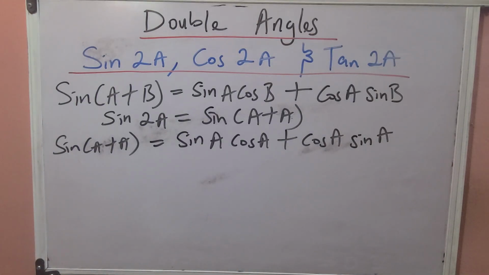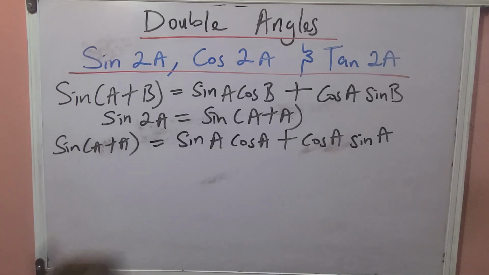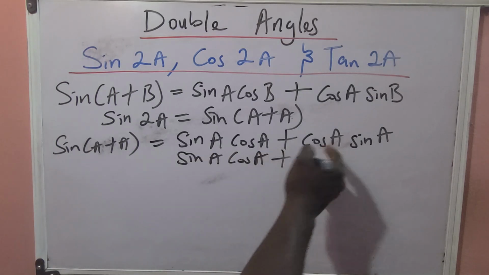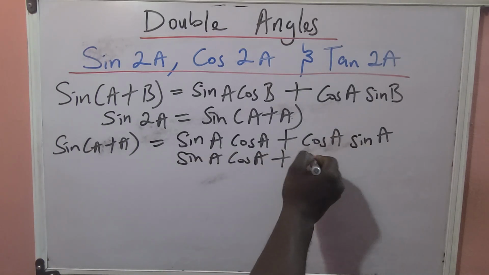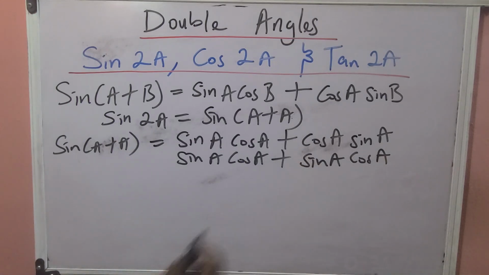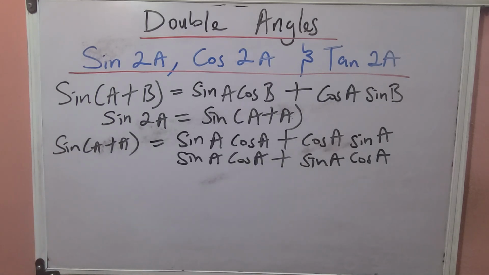So if you look at this, you would be able to observe that we have sine A cos A, we have cos A sine A. Instead of writing cos A sine A, I can also write it as sine A cos A. Obviously, sine A times cos A is the same thing as cos A times sine A. Now you can see that sine A cos A is represented in the two places.